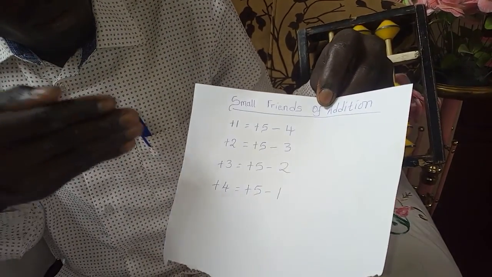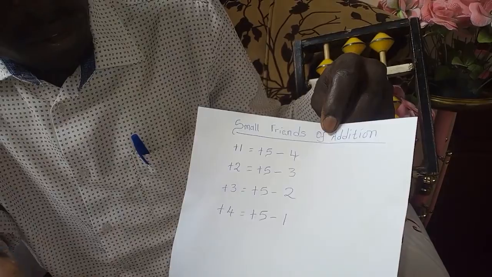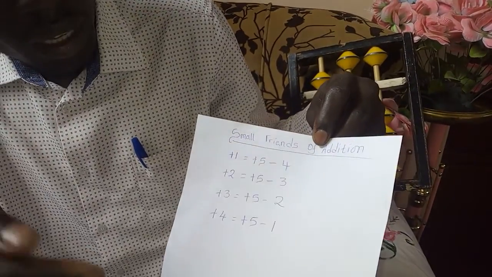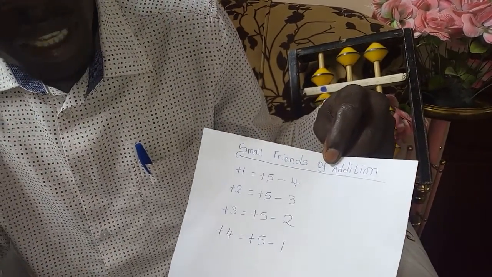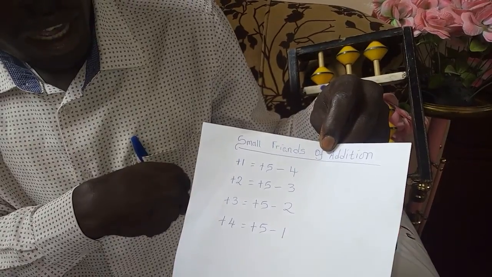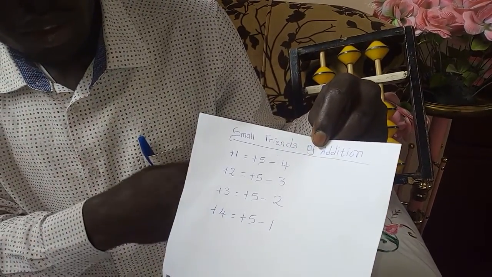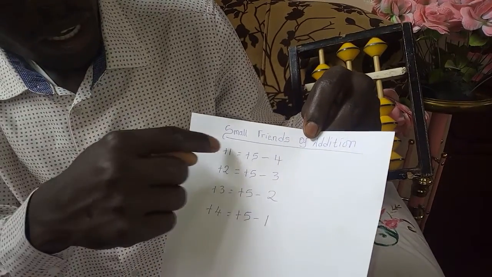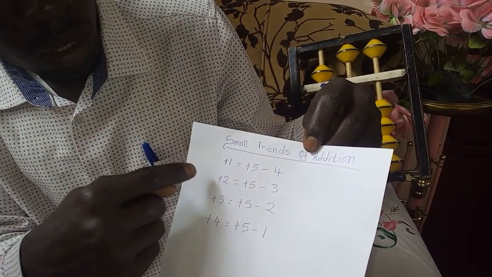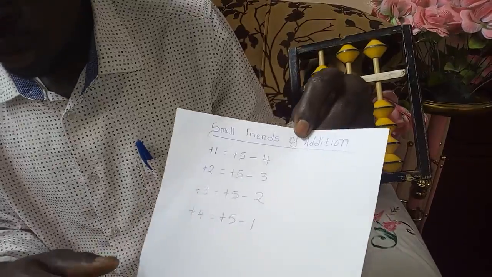But what if I want to add something like 50, 20, 30, 40, and so on, and beads are not enough? I will also show you how to add those ones. For today, let me deal with addition of 1, 2, 3, 4 using small friends. Let's start.